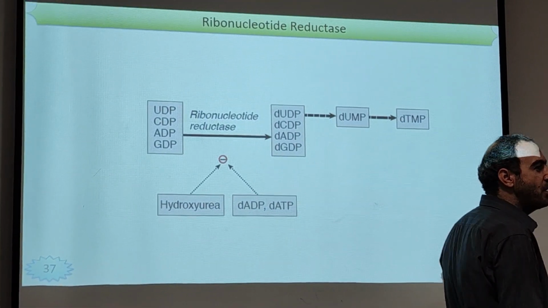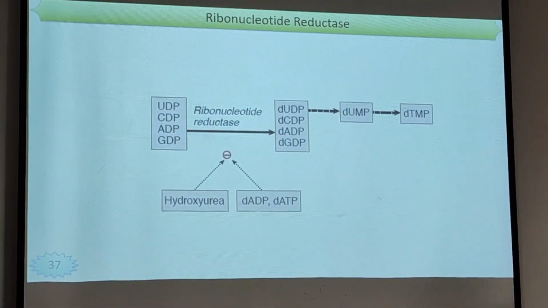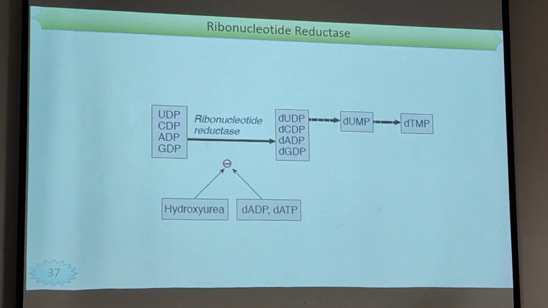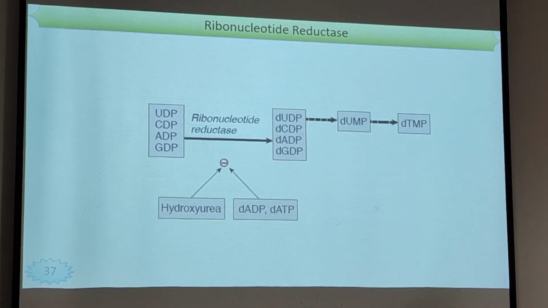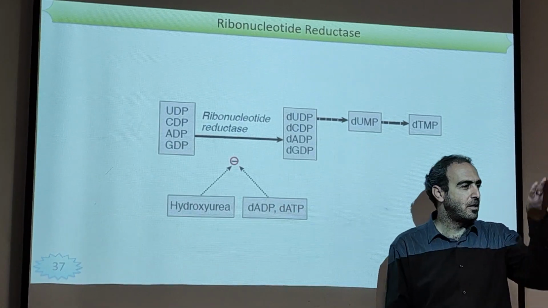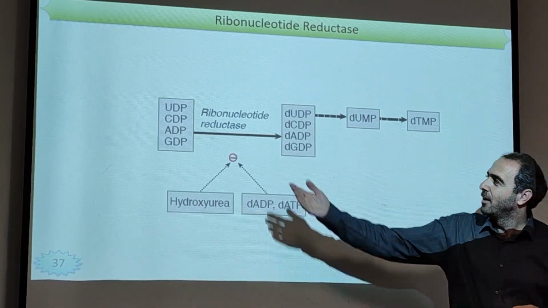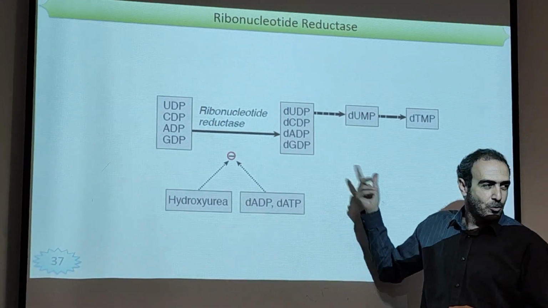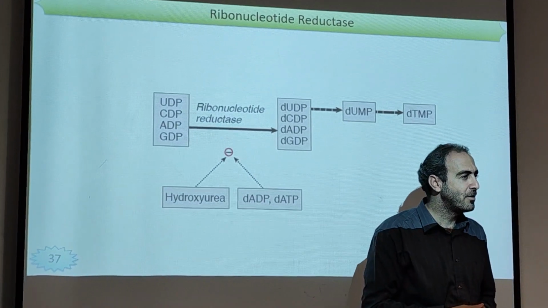If adenosine deaminase cannot do its function very well because of adenosine deaminase deficiency, what happens? ADP and ATP increase. Ribonucleotide reductase decreases. We don't have enough of this. We can't have DNA replication.